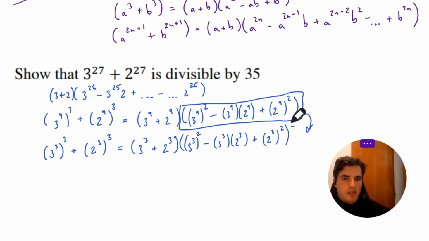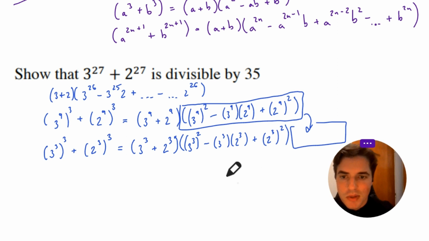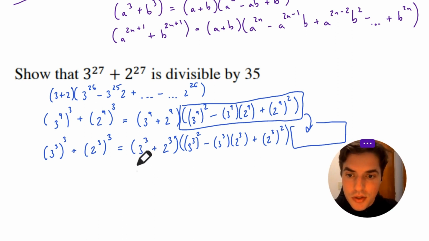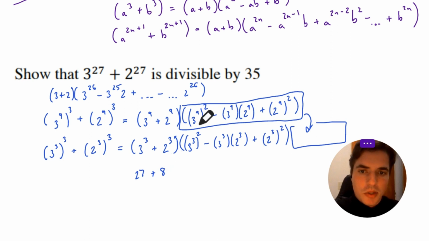And we're still multiplying by this whole box. Doesn't matter. We're not messing with it. So we could say 3 to the third is 27. 2 to the third is 8. Great. 27 plus 8 is 35. We don't need to continue.